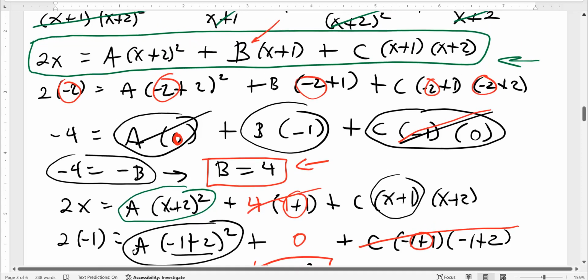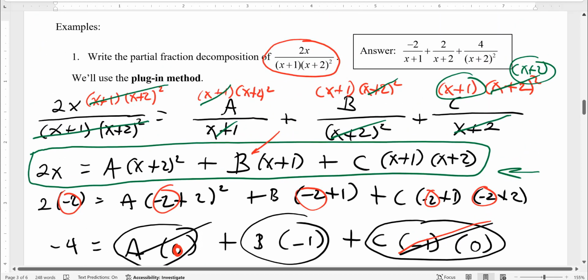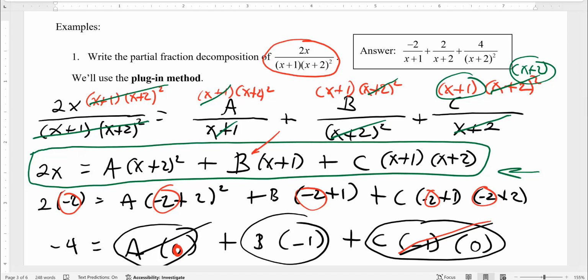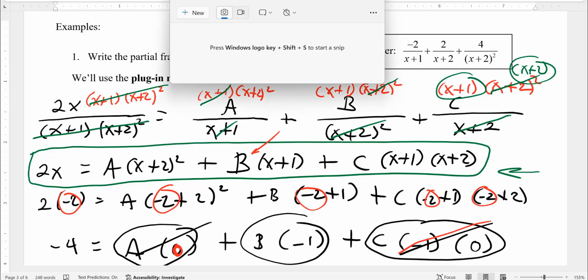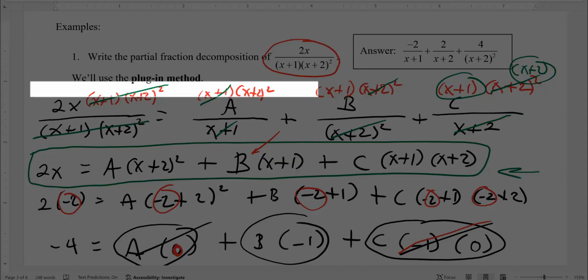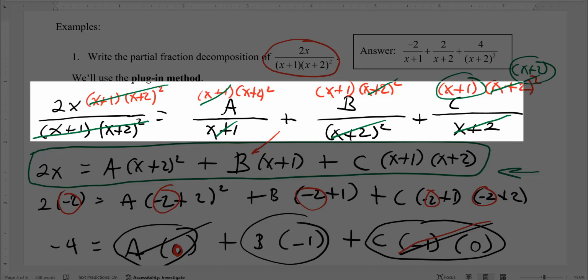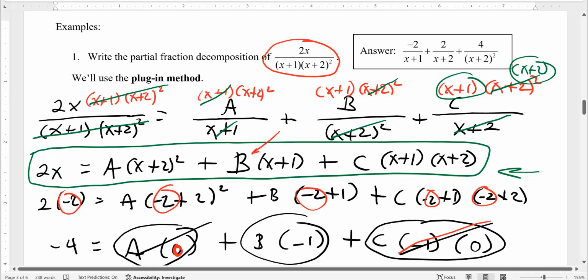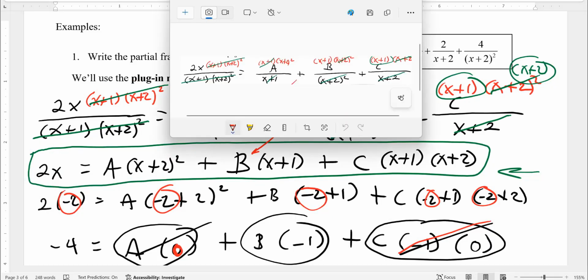Let me get back to that original line. Excuse me, that line is right here. I'm going to copy this line down. Do a copy and paste. One moment while I do this.